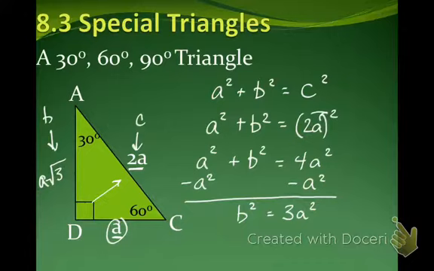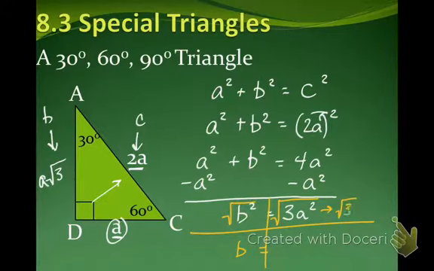To move ahead from here, I'm going to square root both sides. So b ends up all by itself. The square root of 3a squared, we could think about it as the square root of 3 times the square root of a squared, which will simplify to just be a plain a times that square root of 3.